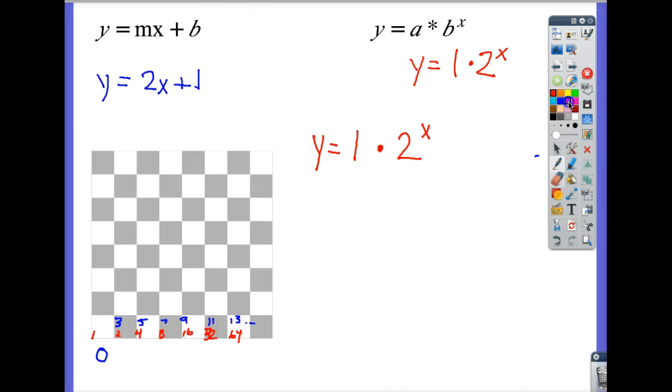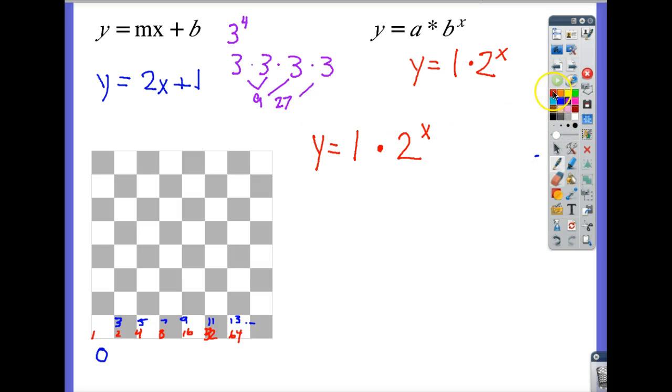So on a side note here, if I had something like 3 to the 4th, that means I have 4 3's that I'm multiplying together. That's 9, that's 27, and then whatever that is that I don't feel like doing right now.